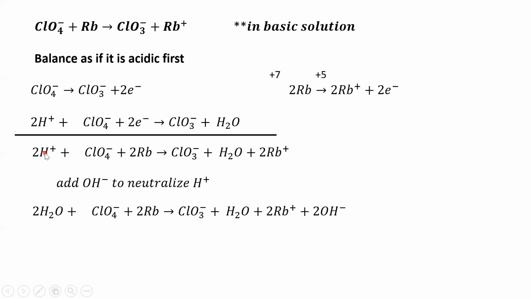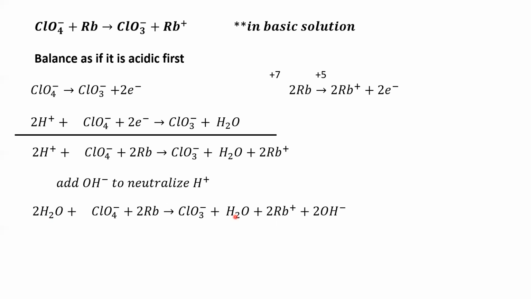So we add 2 hydroxides, that gives us 2 waters. And we add 2 hydroxides on the product side. You can't just add something to one side and not also add it to the other side, because then it won't be equal. Now, we've got 2 waters on the reactant side, and there's 1 water on the product side.